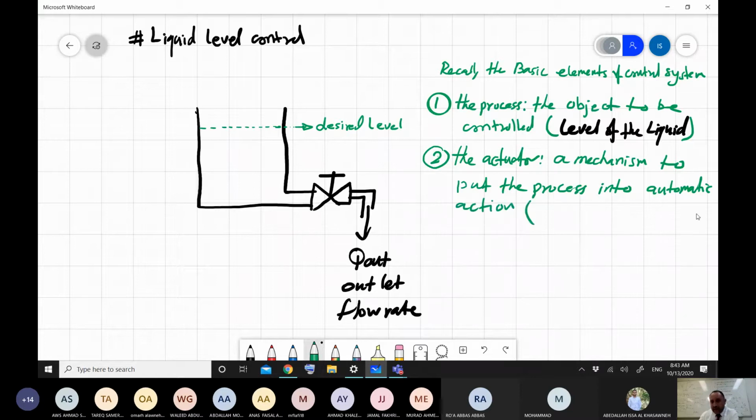So simply I need now an actuator. What do you think I can add here as an actuator? The valve. The valve can be.